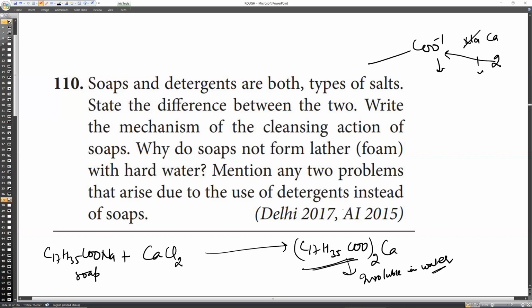Most of the soap reacts with the calcium and magnesium salts present in the hard water, so lather does not form.